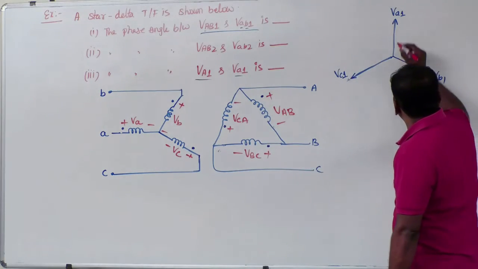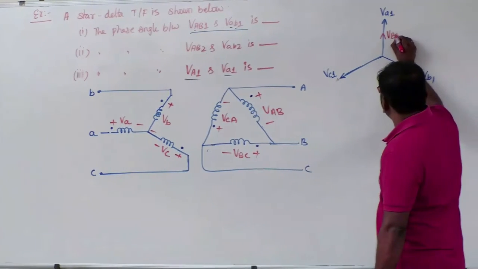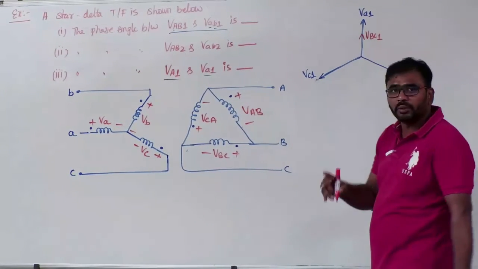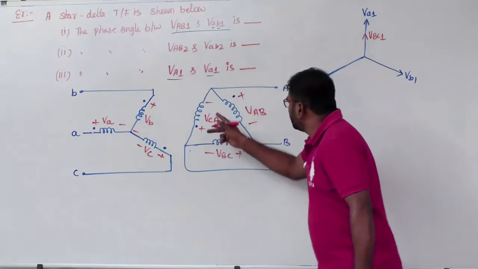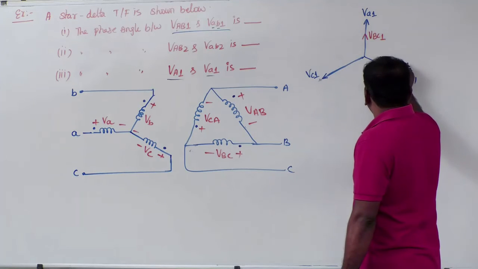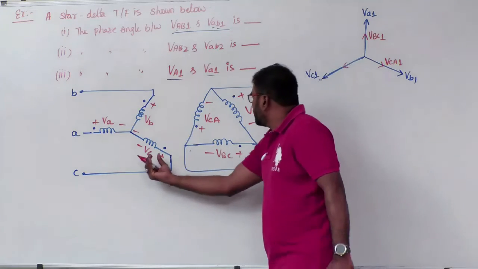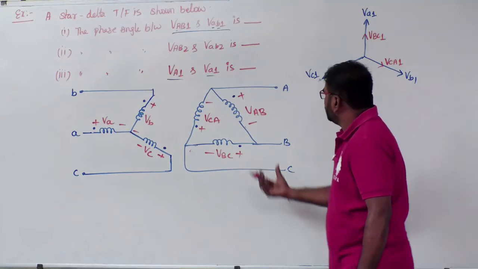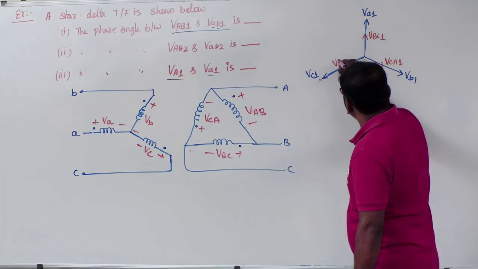So VA and this is VBC1. Now VB and VCA are in phase, so here VCA1. Next VC and VAB are in phase, so this is VAB1.